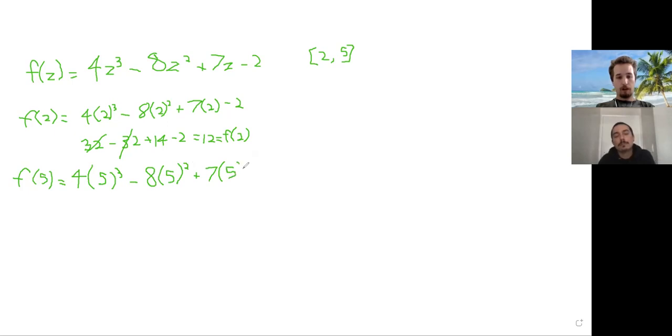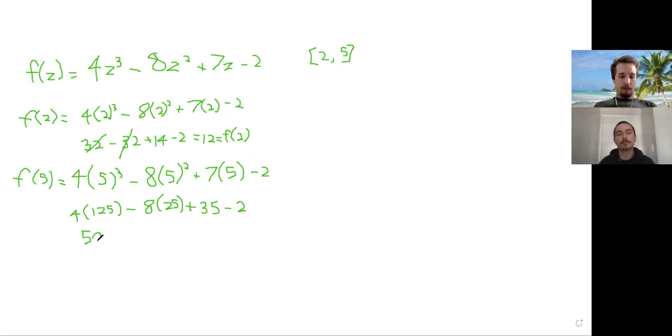Let me know if anyone gets lost, or if you feel lost, and I can explain things more clearly. 5 cubed is 125. 4 times 125 is 500.